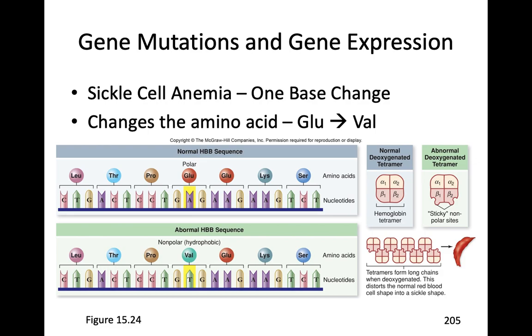That single base pair difference changes the amino acid, and then that changes the shape of the hemoglobin molecule, the protein, and that is what changes the shape of the cell. And so it's only a single base pair mutation that creates this disease in humans.